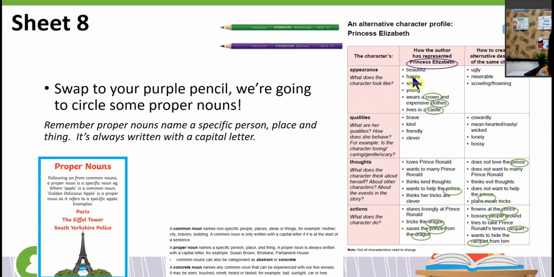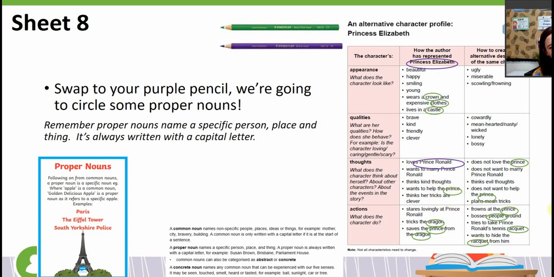Okay, I'm going to scan down the page quickly and look for some capital letters. And you see some. What do you need to circle here? Prince Ronald. Okay, I'd like you to pause the video, go ahead and circle any more proper nouns that you can see there.